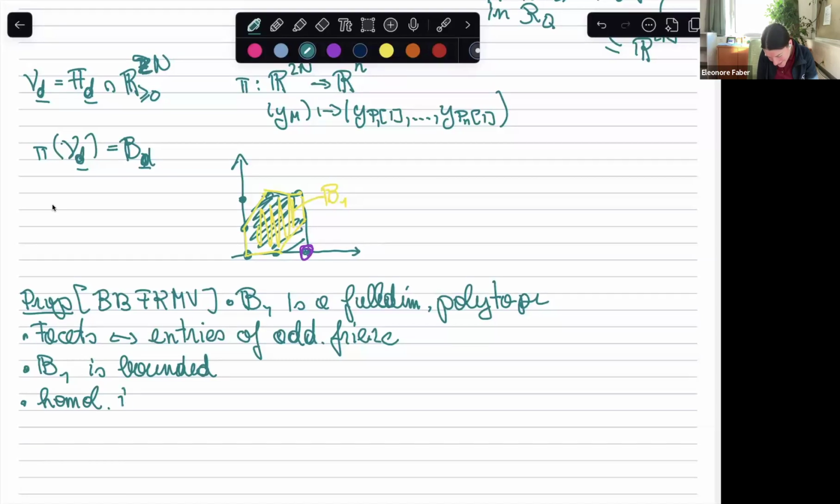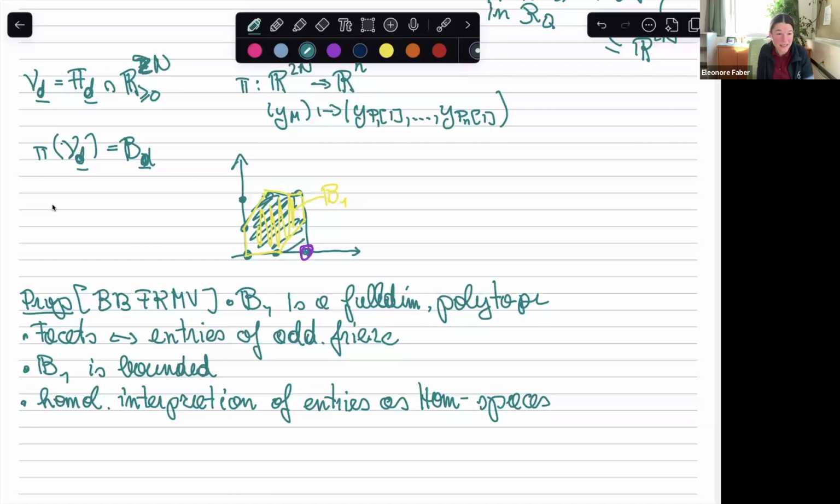So we get a homological interpretation of the entries as Hom spaces. But currently this only works if we take slices, and so not for all the friezes. So only some of them come from some homological thing.